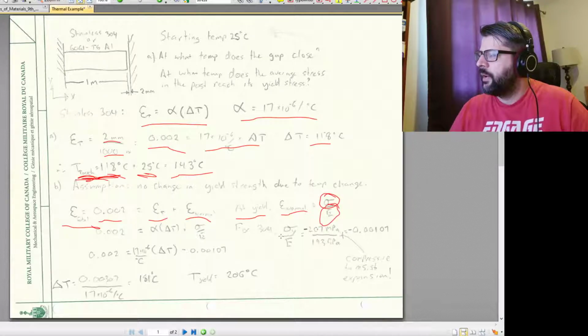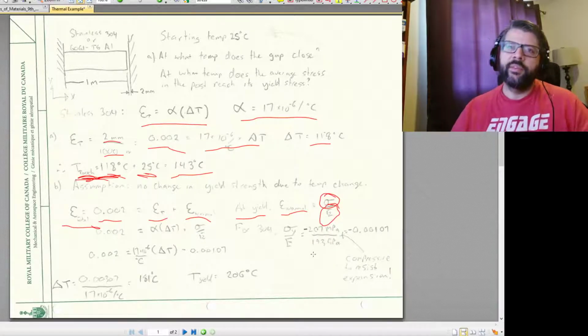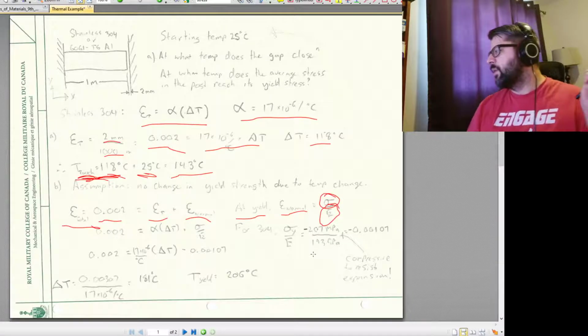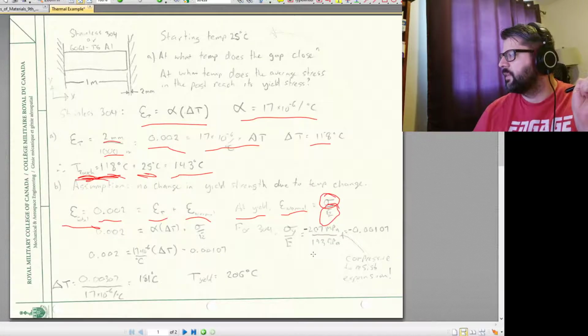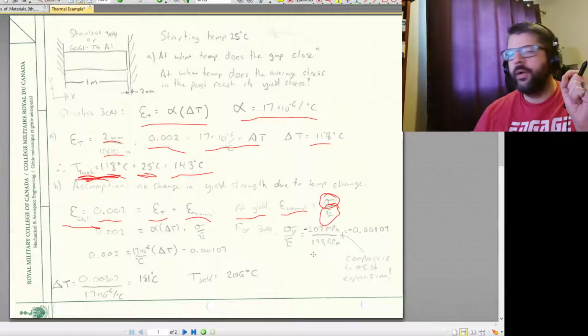For that particular alloy, we're looking at a yield stress of negative 207 megapascals divided by 193 gigapascals, for a strain of negative 0.00107.